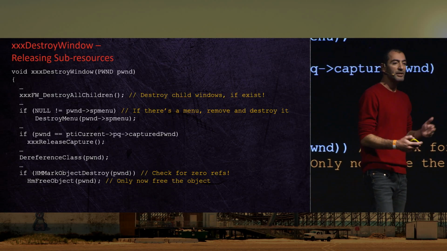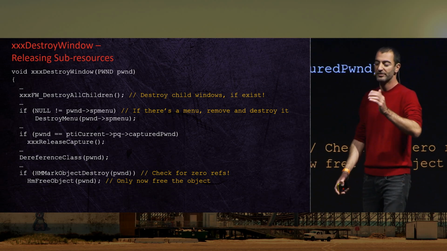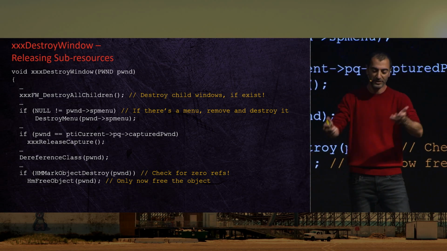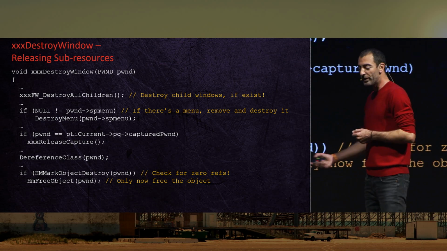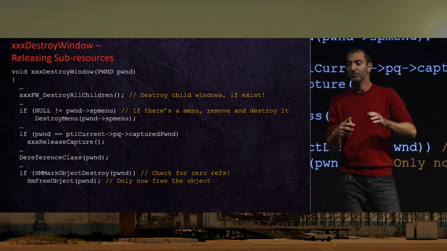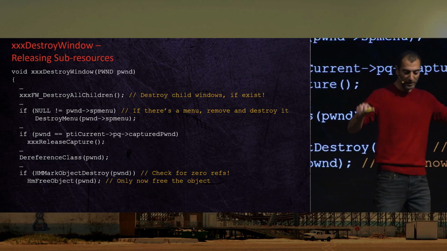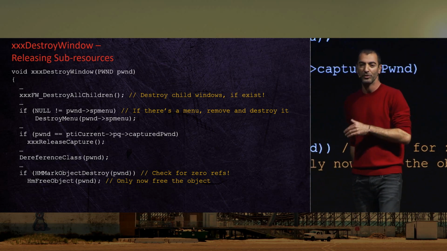Okay, so let's see the pseudocode implementation of XXX destroy window. As you can see, the first thing it does, or not really first, but the interesting thing, is it destroys all the child windows. Imagine you have a window, you created more windows, saying this is my parent window. If you take down the parent normally, without this exploitation, the parent window will kill all of its child windows together with it.